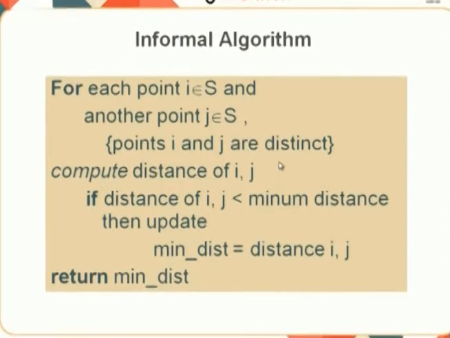Say for example, I am using the Euclidean distance, which means I have to use that formula to compute the distance between i and j. Suppose the distance between i and j is the minimum distance, then we have to update the distance between the points i and j. Then I start a loop, and I have to consider all points that are present, and the minimum distance will be computed at the end of the loop, then that is going to be returned to the main algorithm. This is the informal algorithm we have.